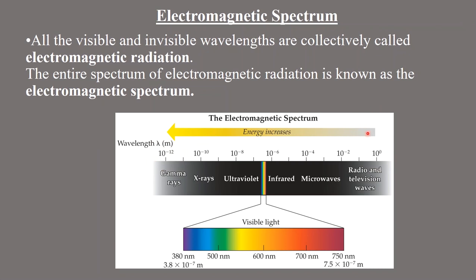As you go from radio waves to gamma rays, the wavelength decreases and the energy increases. Because of the higher energy, UV rays can cause sunburn, X-rays can cause cancer, and gamma rays can kill us.